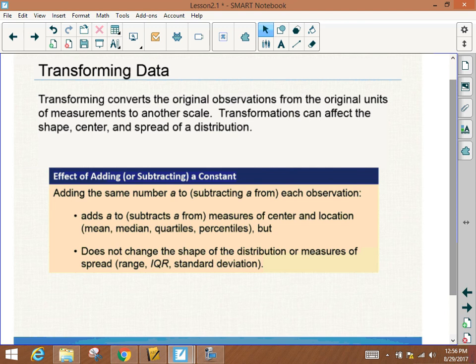They'll say the highest test score was, I don't know, a 92, and they'll curve grades by bringing that 92 up to 100%. In other words, everyone's grade is going to get kicked up 8%. We'd be interested to know how that would change our measures of shape, center, and spread.